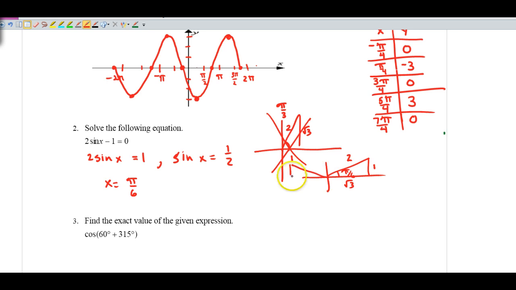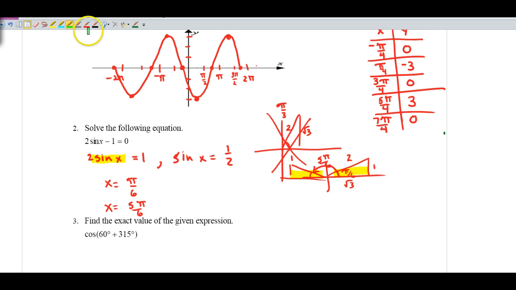At 5 pi over 6. So x is also equal to 5 pi over 6. The sign is positive. Oops, let me undo that. I meant to highlight it. The sign is positive in quadrant 1 and quadrant 2.